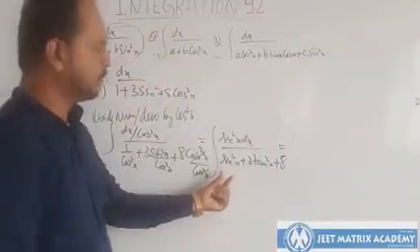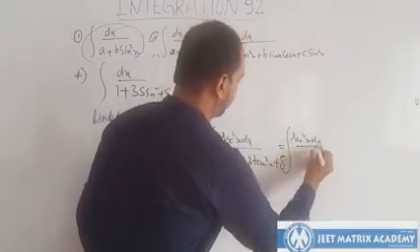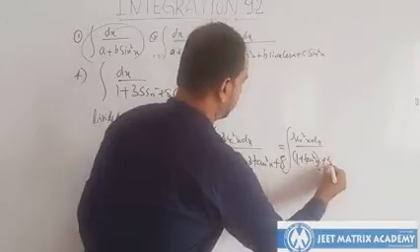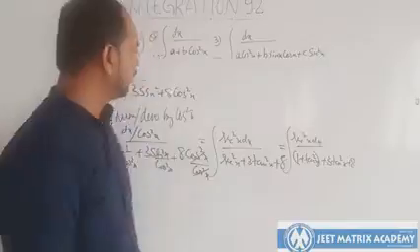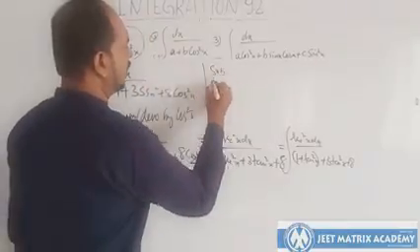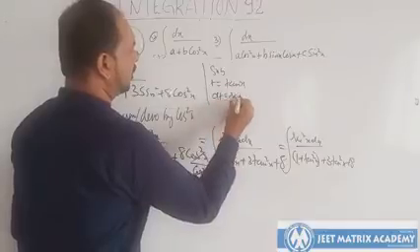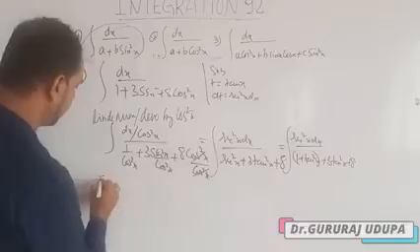Again, sec square is replaced by 1 plus tan square x. So sec square x dx divided by 1 plus tan square x plus 3 tan square x plus 8. Expand and simplify, and substitute t equal to tan x, dt equal to sec square x dx. Replace the numerator and denominator.